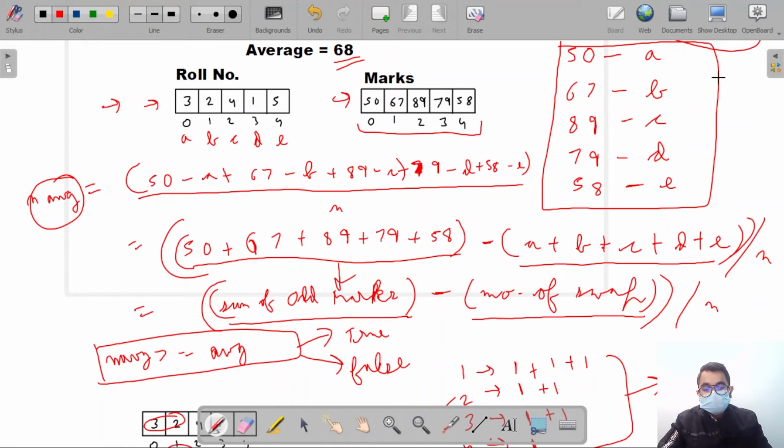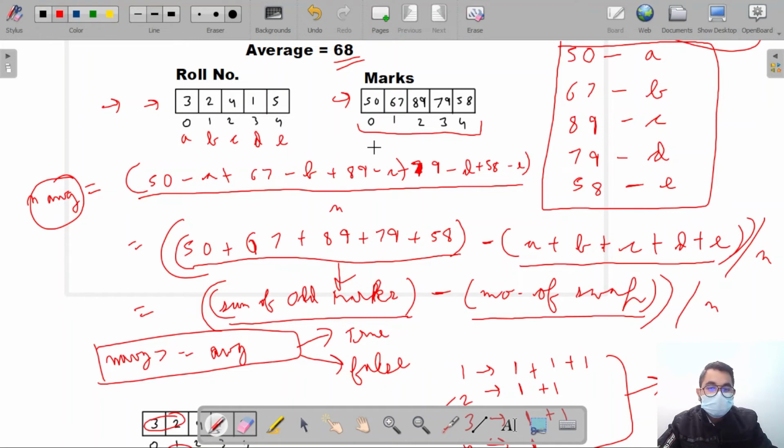This is very simple. First we are going to write the bubble sort and sort the roll numbers, and we are going to count the number of swaps for the bubble sort.